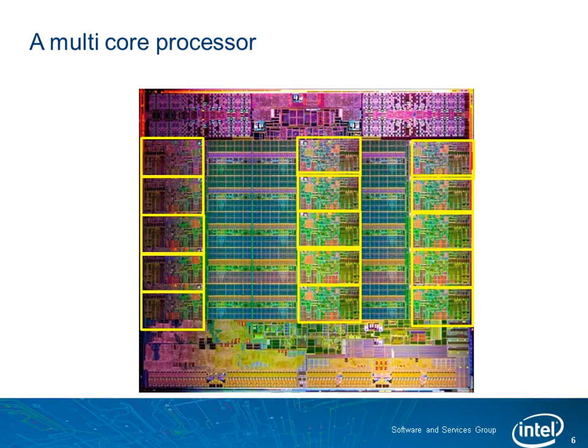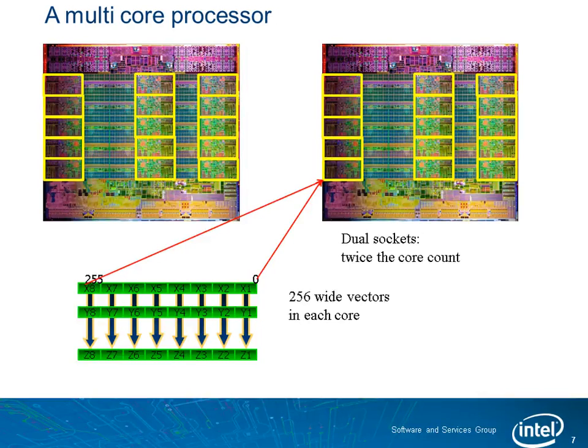So just to illustrate, this is a die photo of one of the recent CPUs, and it shows with highlight of these yellow rectangles that I added on top of the die photo how it is that it has very many cores, which of course, as you saw, changes over product generation.